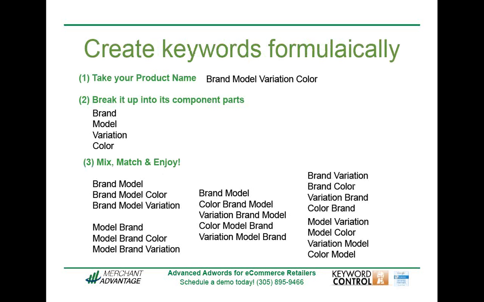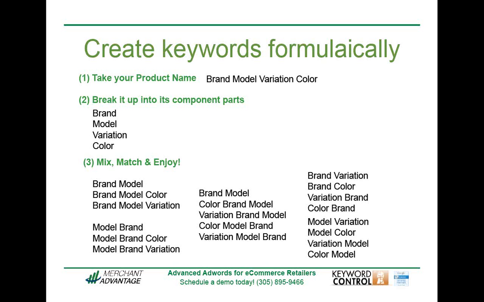The good news is that with product-specific advertising, you can be less creative than you've ever been with keywords, and you can really take advantage of the structure in creating product keywords. You can take your product name, which might be brand, model, variation, color, and break it up into the component parts, and then systematically at scale mix and match these different component parts to create hundreds of great product-specific keywords.